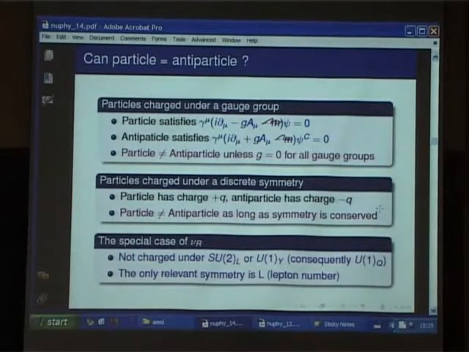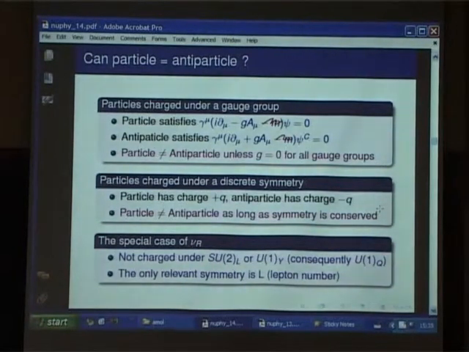Now we come to the second condition, which is about discrete symmetry. We have always heard of this thing called lepton number. If the neutrino has lepton number 1, then an antineutrino should have lepton number equal to -1.